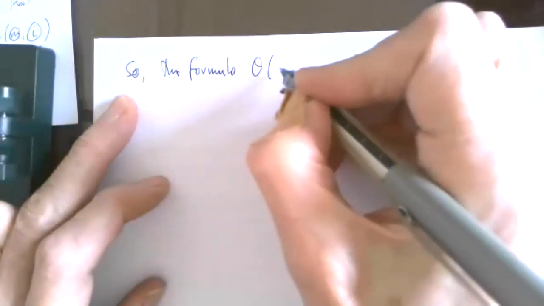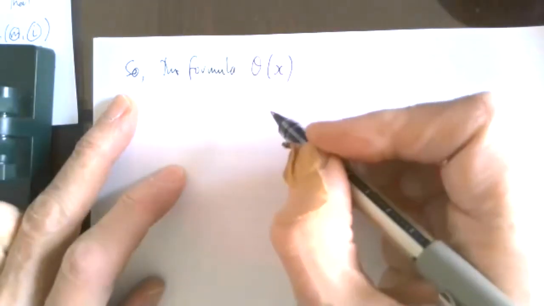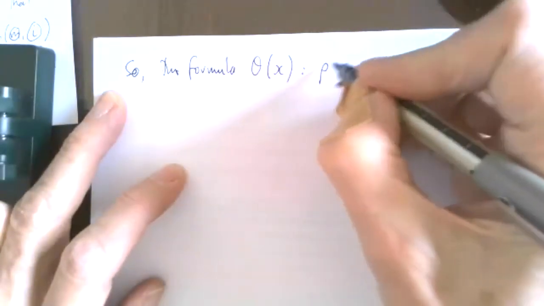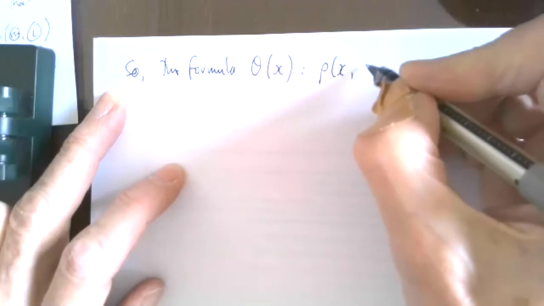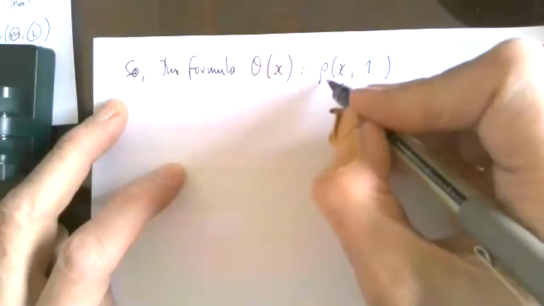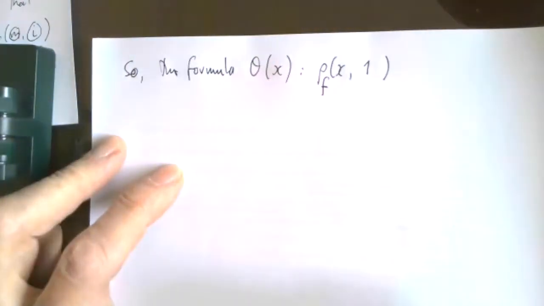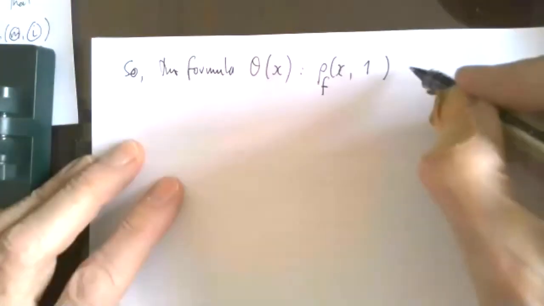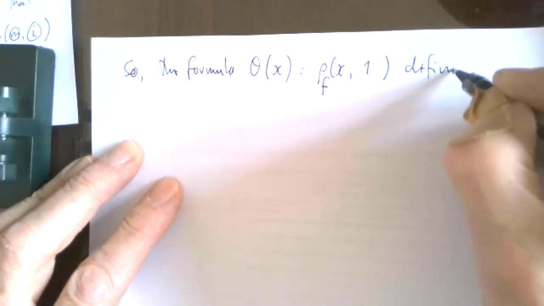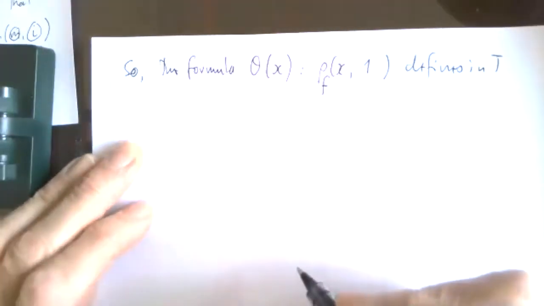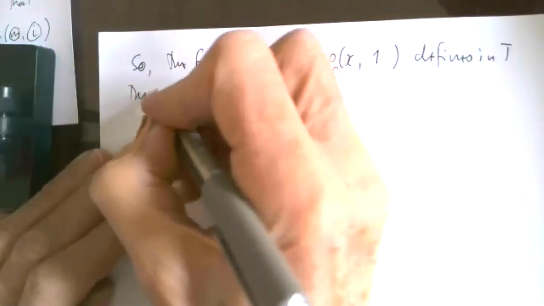So let's look at the formula theta of x, just rho f of x and 1 here. This defines in T the set of theorems of T.